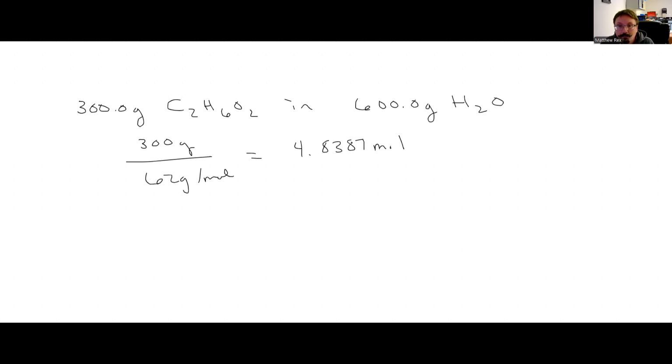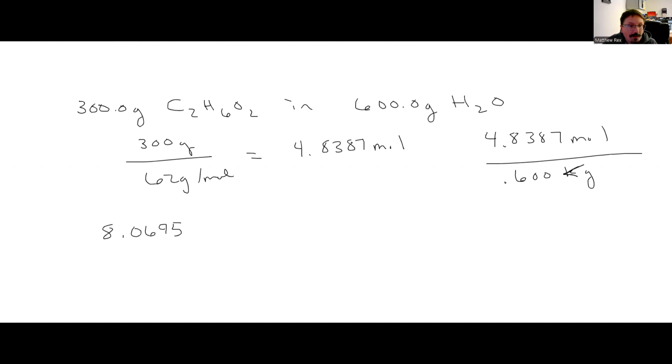And molality is moles over kilograms of solvent. So my 600 grams becomes 0.6 kilograms. And that is 8.0645.